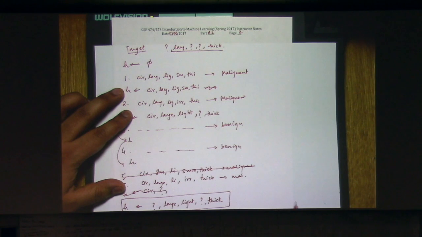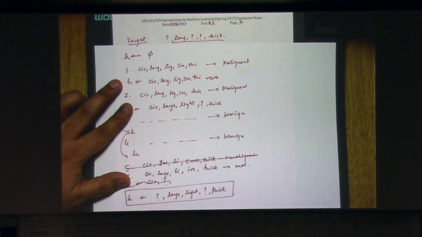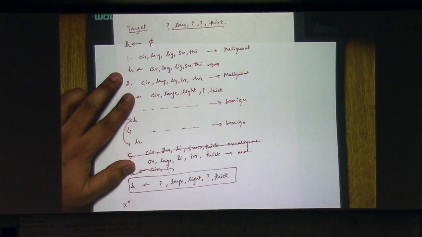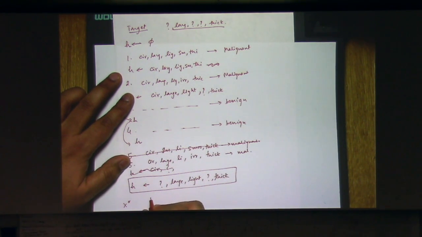Now if you get a new data instance, just for testing, so let's say our X star new instance is anything circular, large, dark, irregular, and thick.